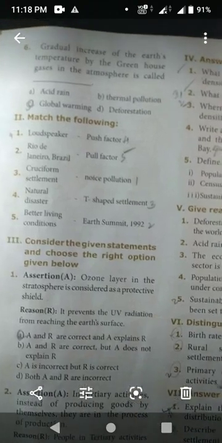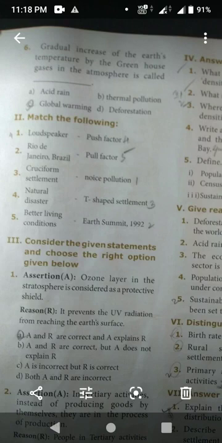Next one. Sixth question: gradual increase of the Earth's temperature by the greenhouse gases in the atmosphere is called dash. Global warming, option C.